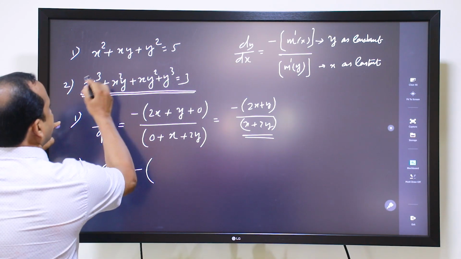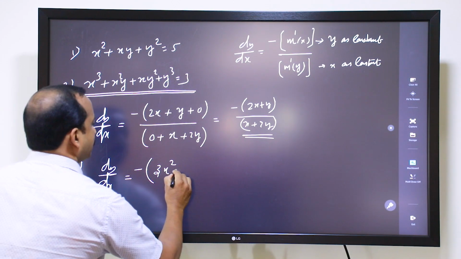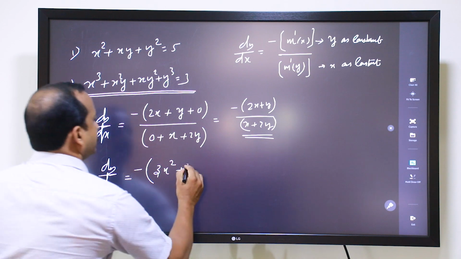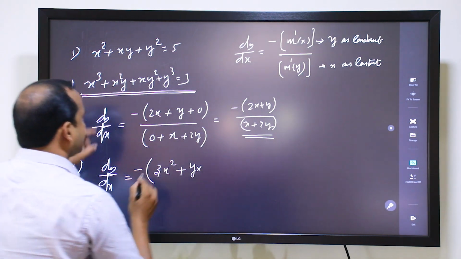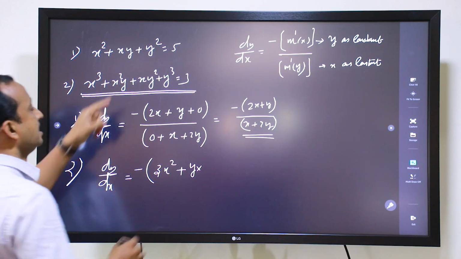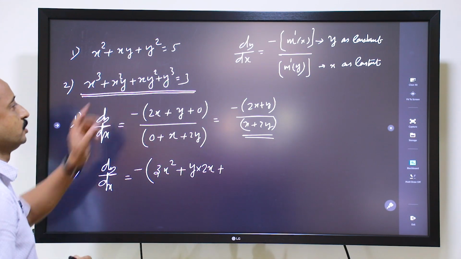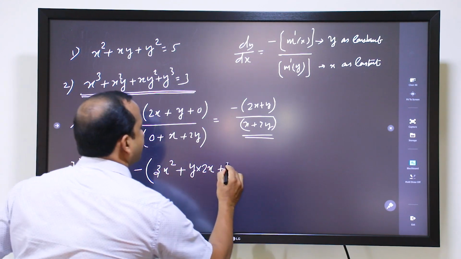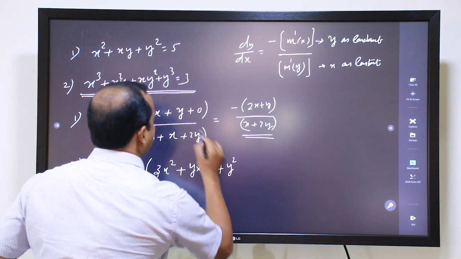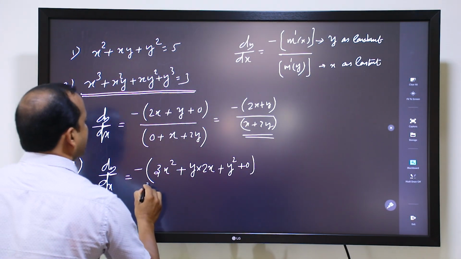What is the derivative of x cube? 3x square, plus, here you consider y as a constant. y is a constant but is multiplied with x square, so y into the derivative of x square is 2x. Plus x into y square. Here y is a constant and therefore y square into the derivative of x with respect to x is 1. Plus here y cube is a constant and the derivative becomes 0. Plus 3, the derivative is also 0.